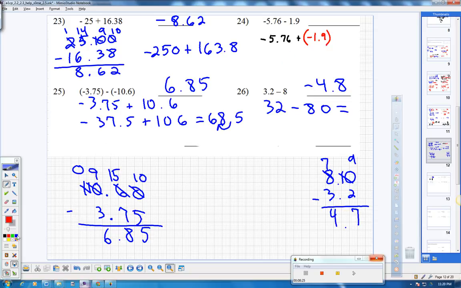And if you're a person who would skip right to the opposite of, and then just take and add 5 7/7600 plus 1 9/10, then that would be okay if you would skip down to here for your work.